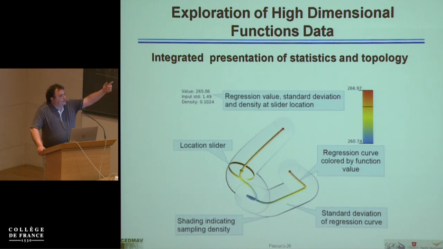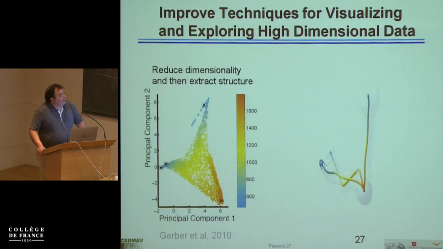Red is high value, so you have 2 hills and 1 broad valley around it. And then the halo you see around, you can think of that as the standard deviation of the distribution of points around those hills. So you get an intuition of how large they are. How does this compare to the classical way of looking at the data? On the left you have 2 views of the same data sets.